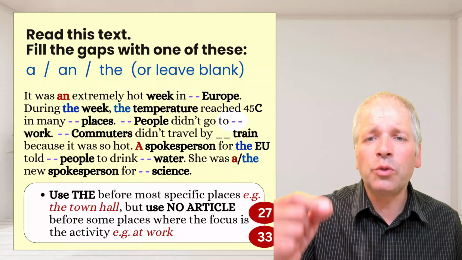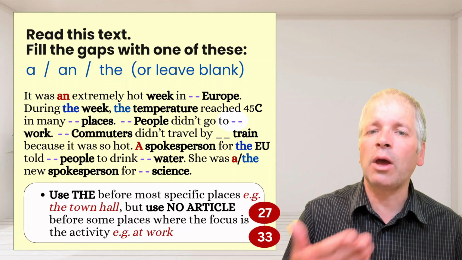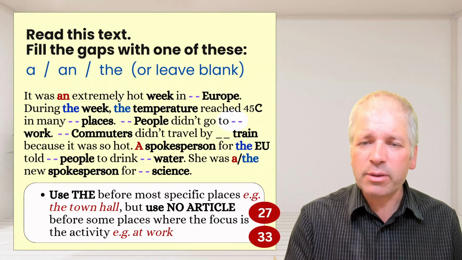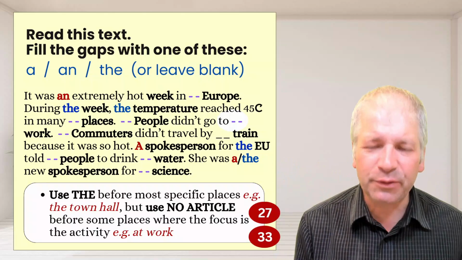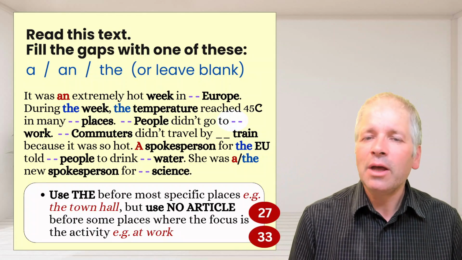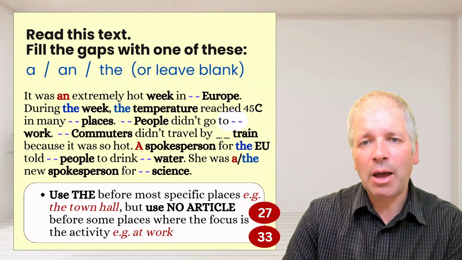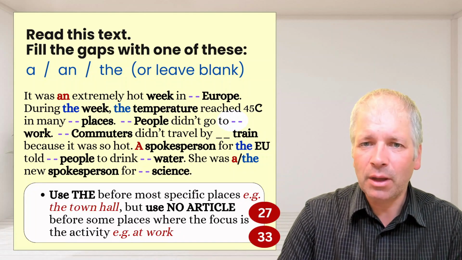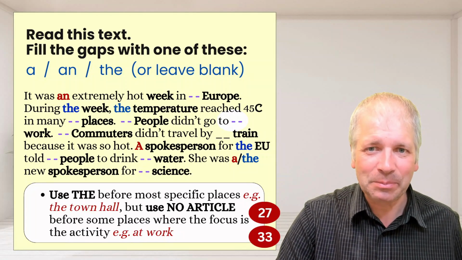You can go to the school, but you can also go to school because you're going to learn. And there are certain nouns in English which actually represent an activity instead, and those will not take an article before them. Have a look at my 1000 English Rules PDF for more on that.